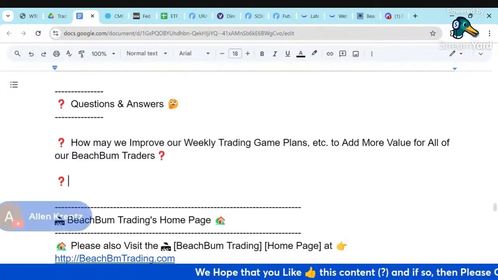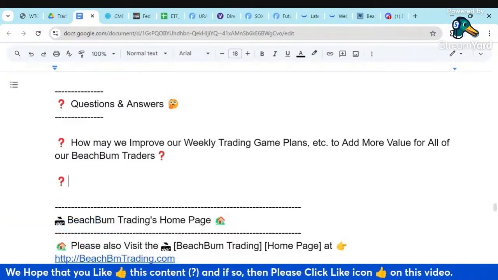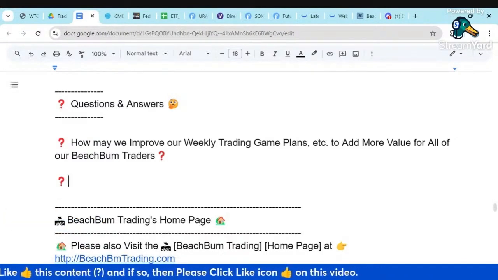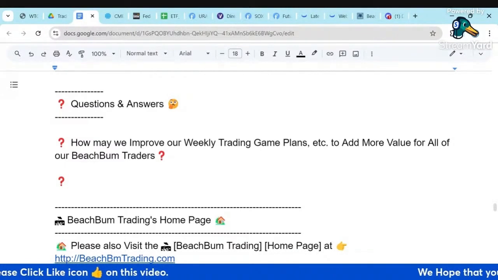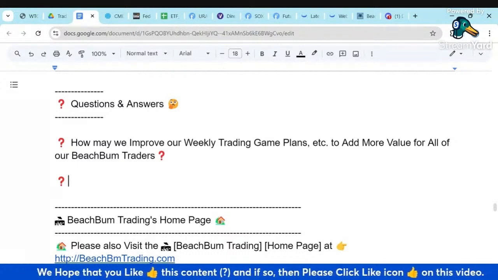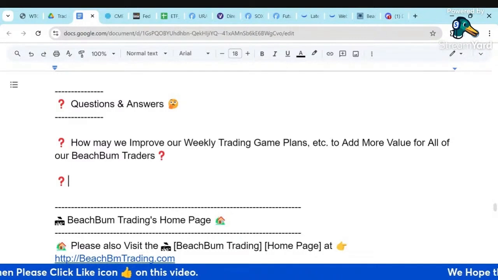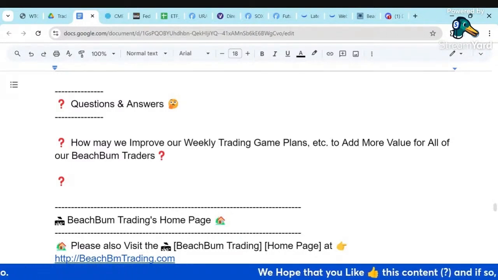Helen Krantz asks, has AI made any money yet? That's a good question, and that's something to listen for in the earnings and conference calls of the AI related companies: how much are they spending and how much are they actually making. I think that was part of the source of the disappointment in Adobe's earnings. They're trying to focus on some of their AI tools, add-ons, etc., and I think they've been disappointed at how they can actually make money with those AI features.